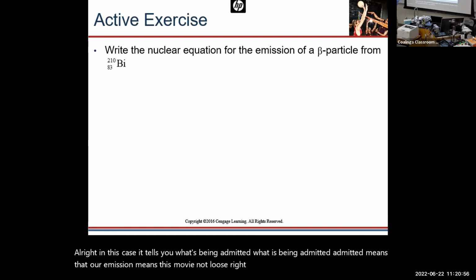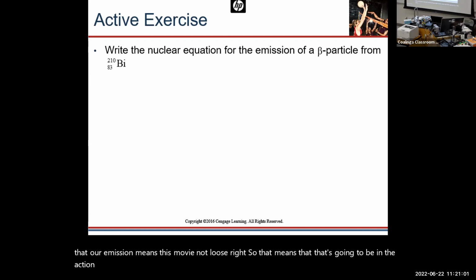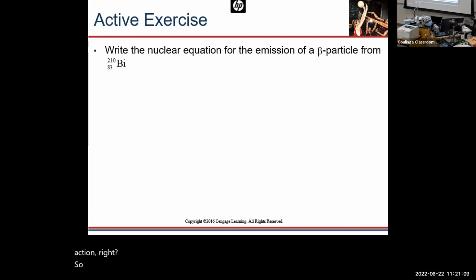So that means that it's going to be on the other side of the reaction, right? So what does a beta particle look like? Like that, like the 0. It looks like this? Yeah. Okay.